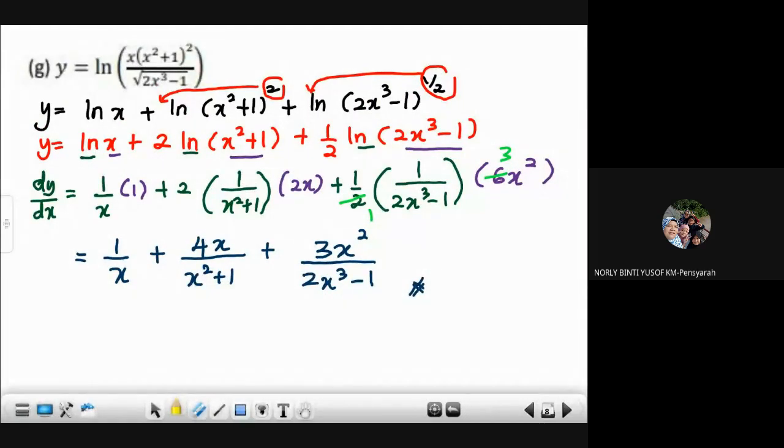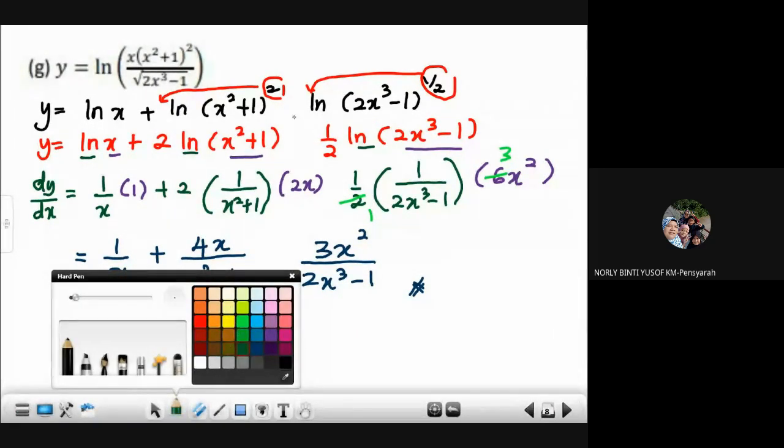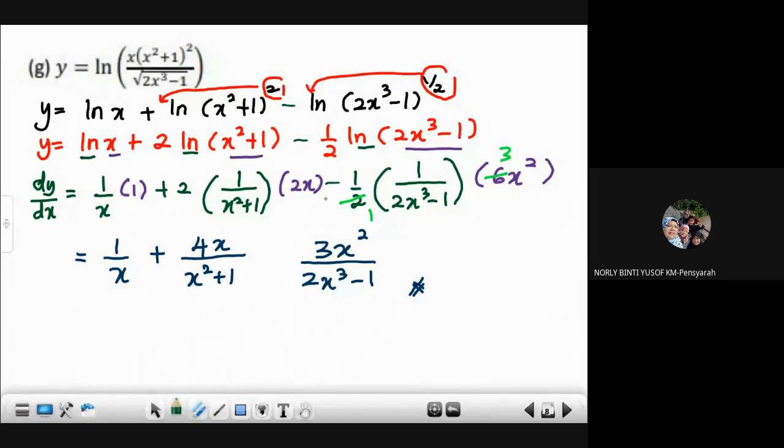Okay, and then sama juga for G, kita guna law of log, tapi kita ada dua law of log kat situ. So plus will be minus lah kat sini sebab division. Okay, as I explained in class sama.